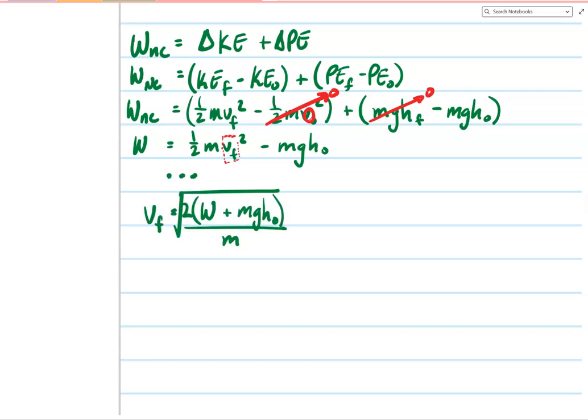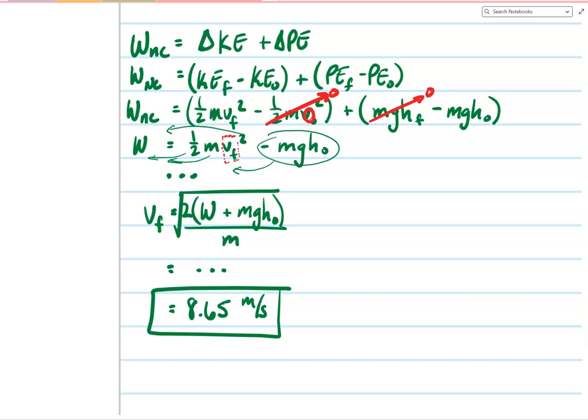With a little bit of manipulation, we can add this term to the left-hand side. I chose to multiply by 2 to eliminate the 1/2 fraction, divide by mass, and then use a square root to isolate everything else. And we've got our final velocity is going to be the result of this computation.